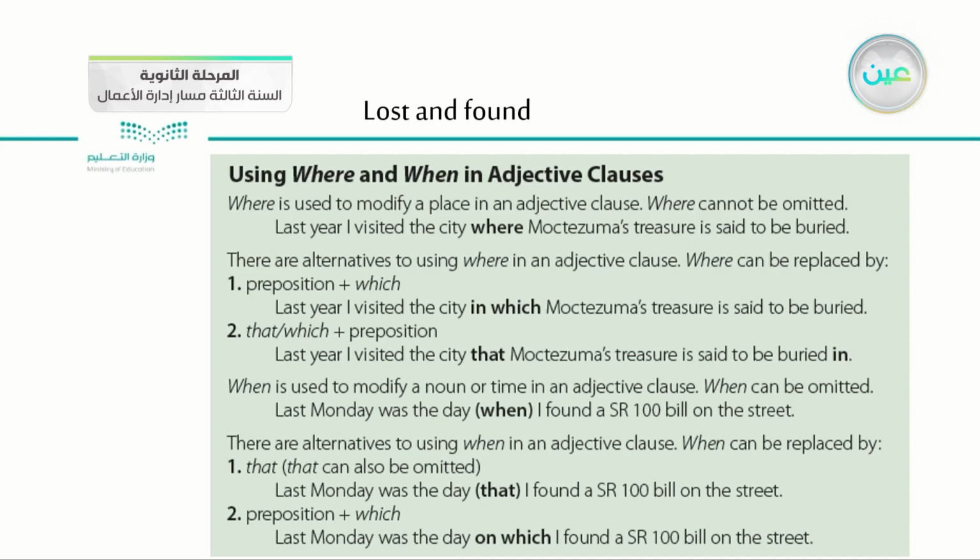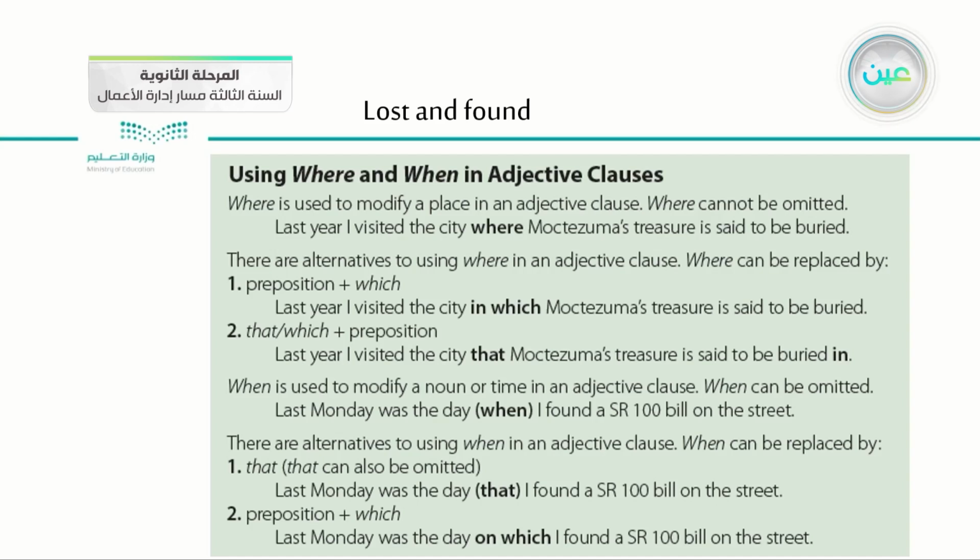As you see here, we have which, preceded by a preposition. For example, last year I visited the city in which Moctezuma's treasure is said to be buried. And of course, here we can use that instead of where, plus the preposition. For example, last year I visited the city that Moctezuma's treasure is said to be buried in.